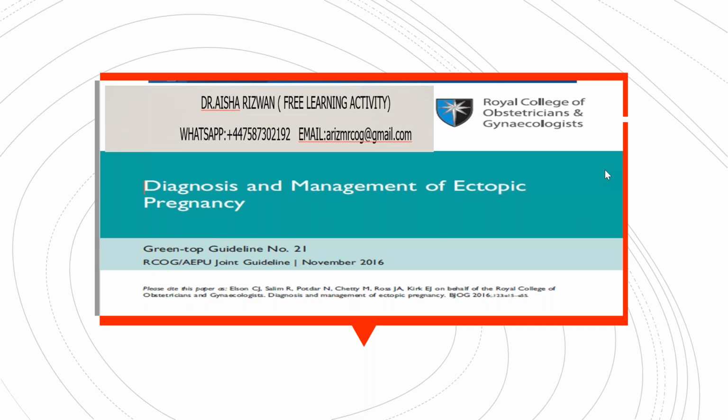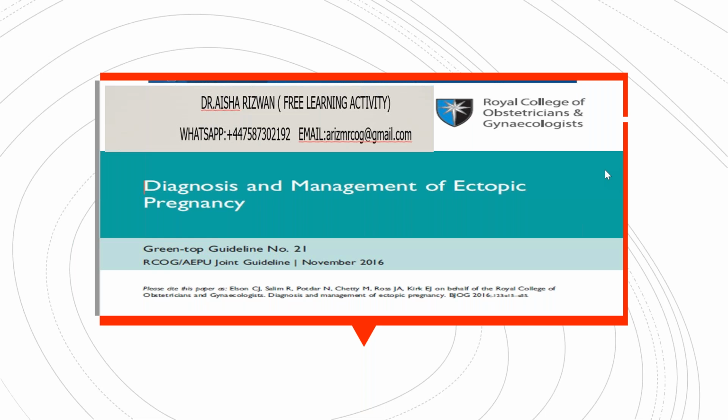So heterotopic pregnancy should be considered in all women presenting after assisted reproductive technologies. Also in women with an intrauterine pregnancy who are complaining of persistent pelvic pain, and also in those with a persistently raised beta hCG level following miscarriage or termination of pregnancy.